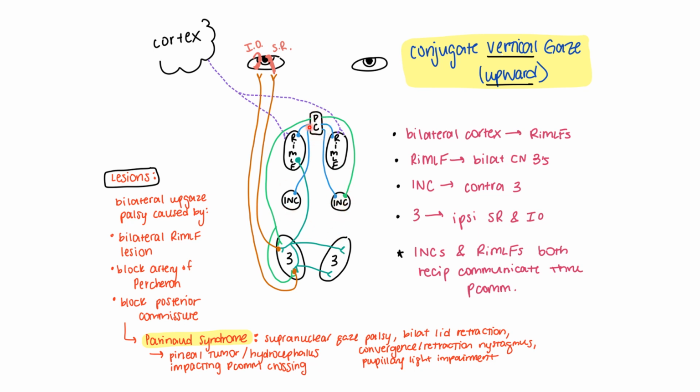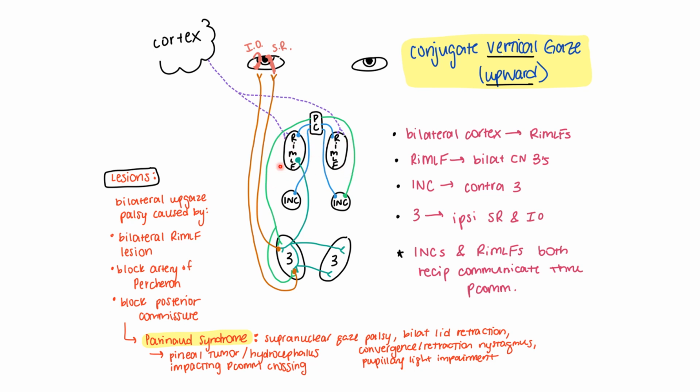And then all of this crossing over is happening in the posterior commissure. So the big problem with vertical upward gaze is that if you take out this posterior commissure, a lot of this stuff is relying on bilateral communication. So that's going to be an issue. So you could get bilateral upgaze palsy, meaning both eyes cannot look up, if you have, say, a bilateral RIMLF lesion.